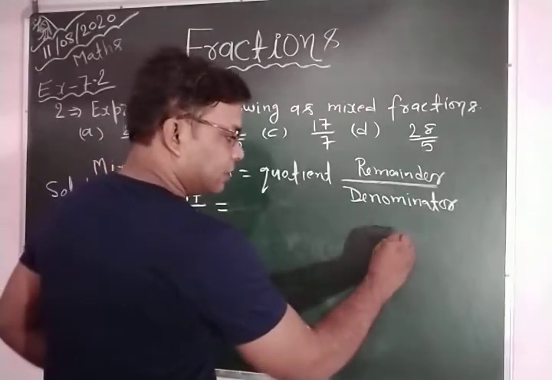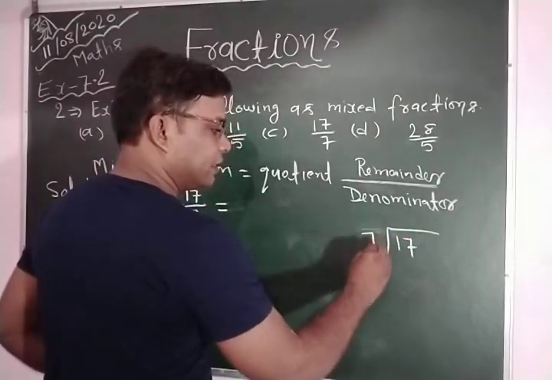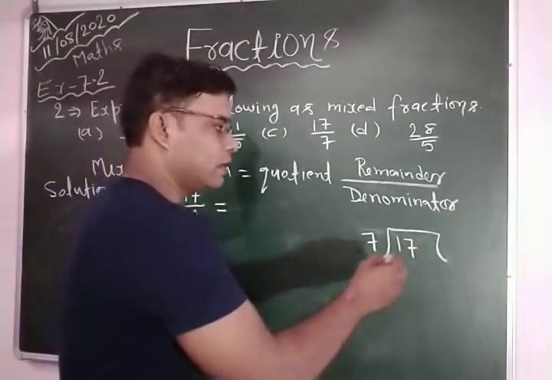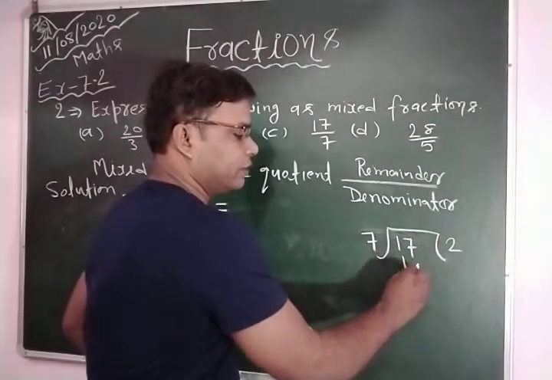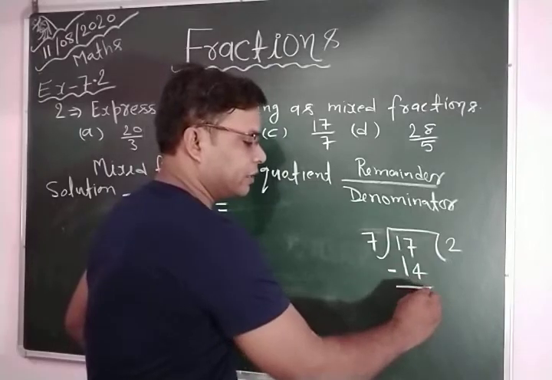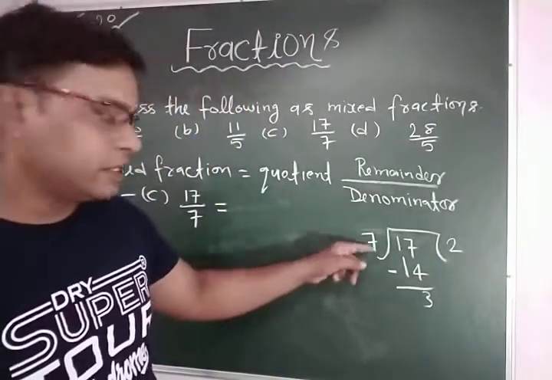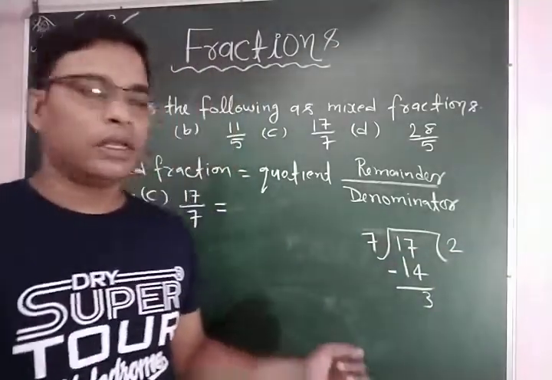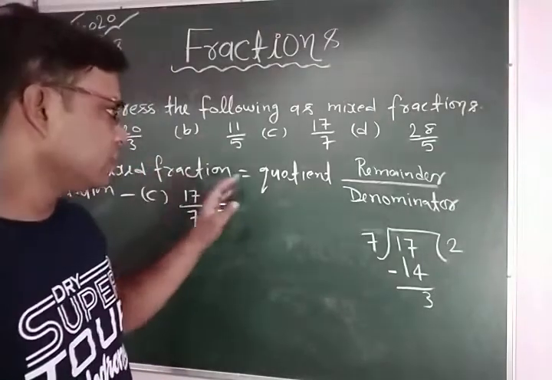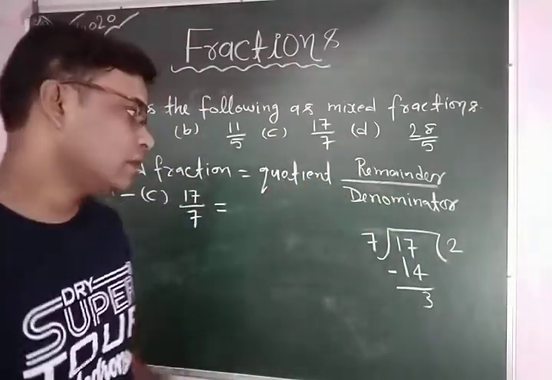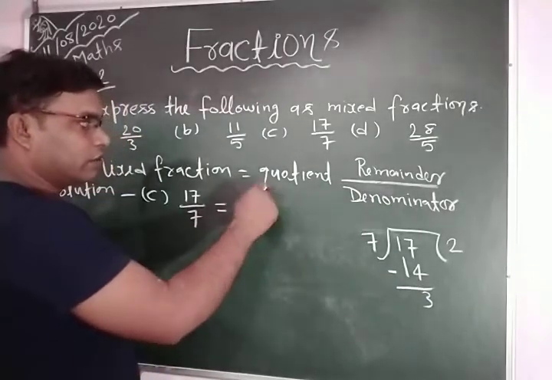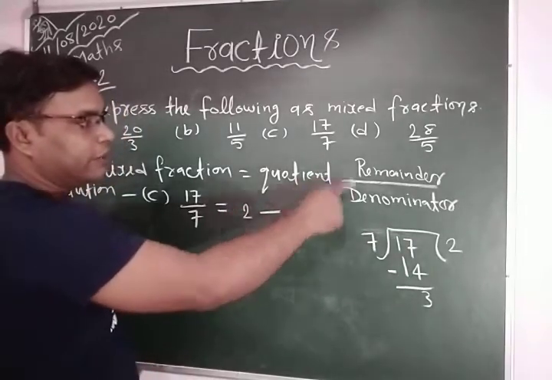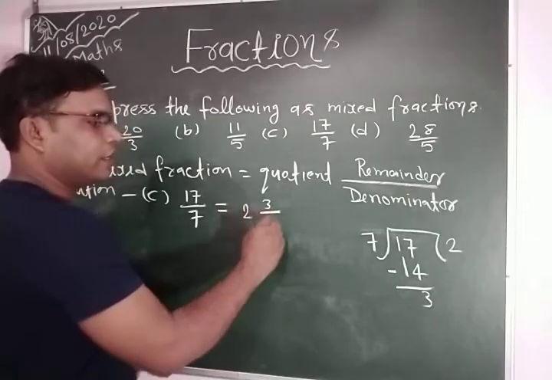How many times? 2 times. 7 times 2 is 14. Subtract it, and we get 3. This is the divisor, 2 is the quotient, 3 is the remainder. The form of the mixed fraction is quotient into remainder by denominator. So the quotient is 2, the remainder is 3 and the denominator is 7.